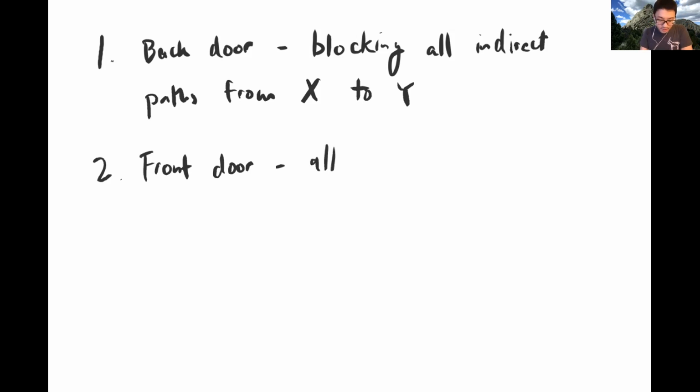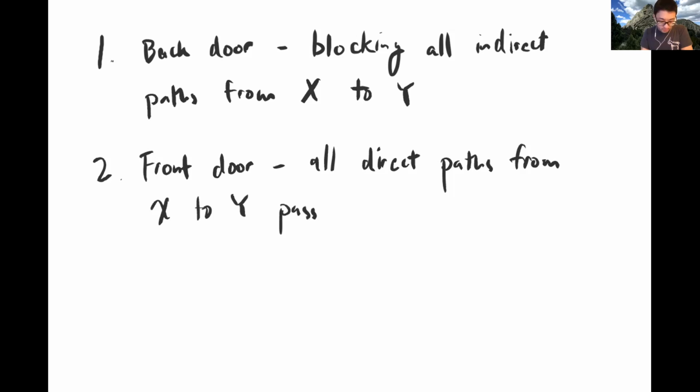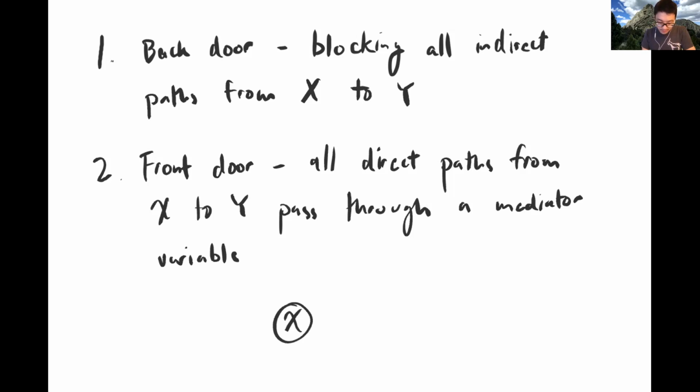So all direct paths from x to y pass through a mediator variable. And so this would look something like this.